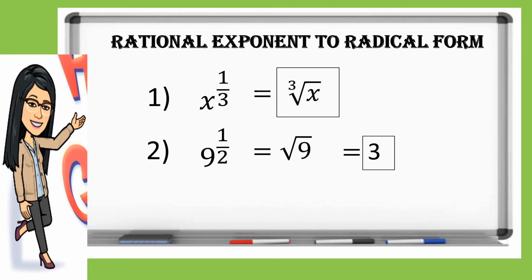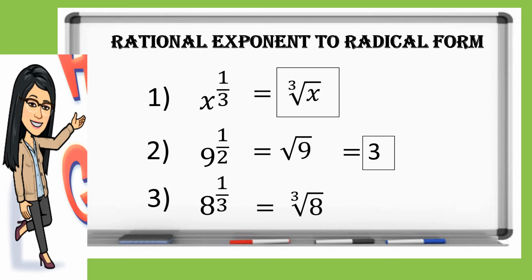Now let us proceed to example number 3. 8 is raised to 1/3. So similar to number 1, we are going to use cube root. So it is the same as the cube root of 8.